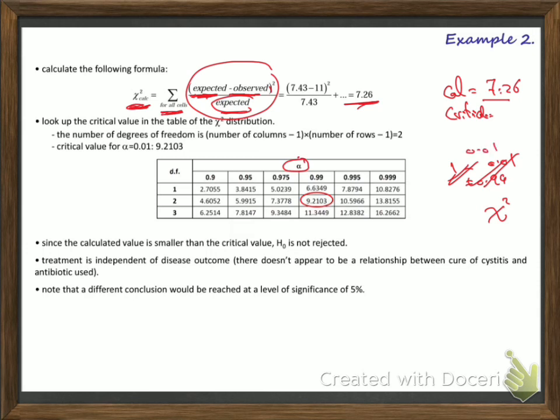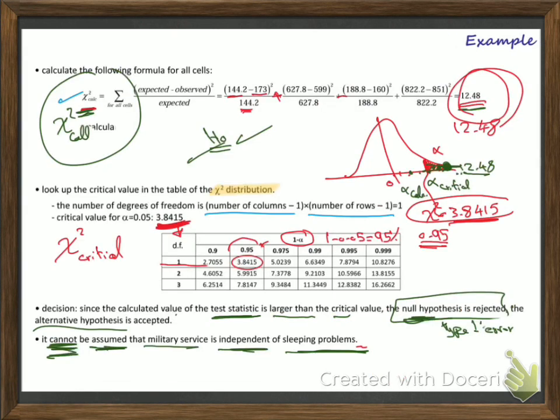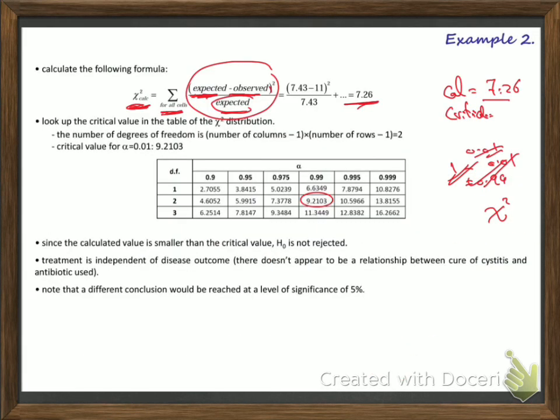The chi-square tables which we usually have use 1 minus alpha, like the table you saw before. So the alpha in our case is 0.01, so 1 minus alpha equals 0.99.